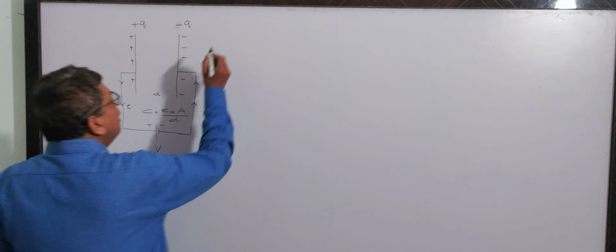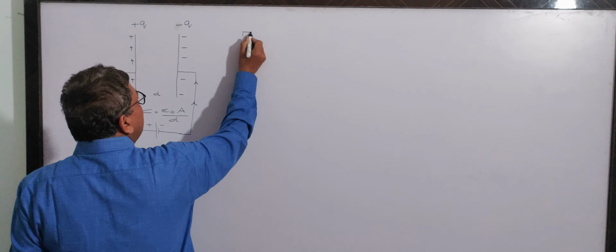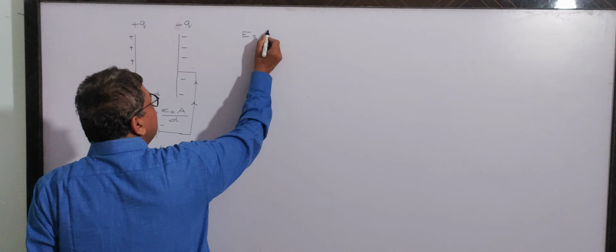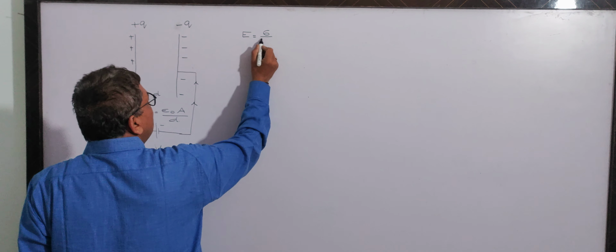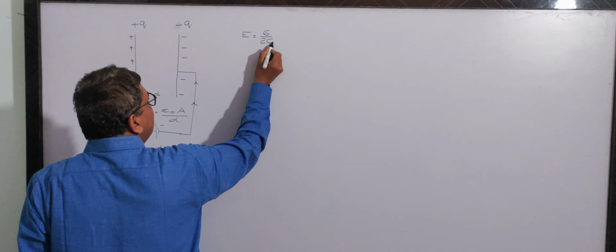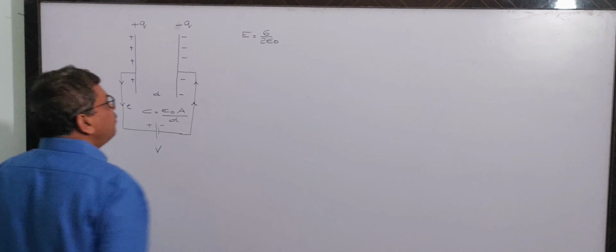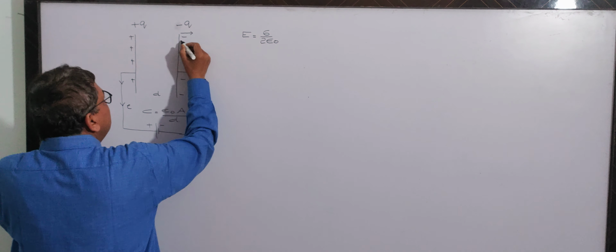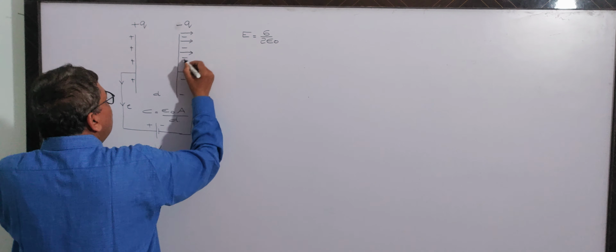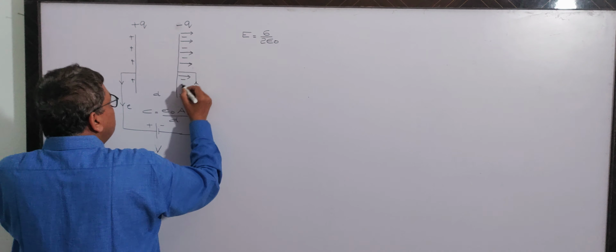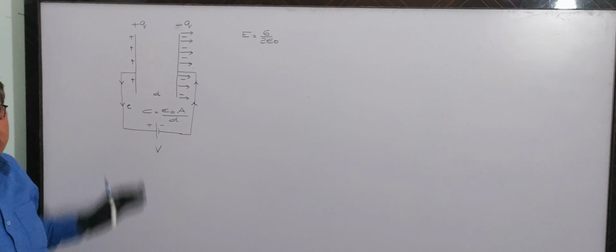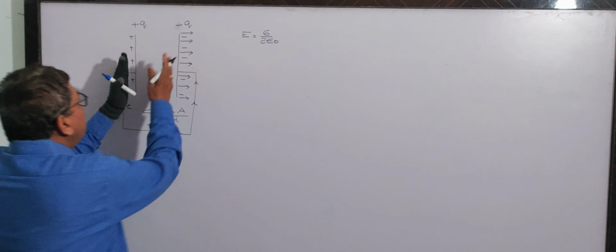This is a plane sheet of charge, so I can write the electric field as sigma by 2 epsilon naught, right? This will be the electric field intensity at all these points. Let us say this is E. Now once the negative plate is placed at this place, it will experience an electrostatic force of attraction between these two plates.